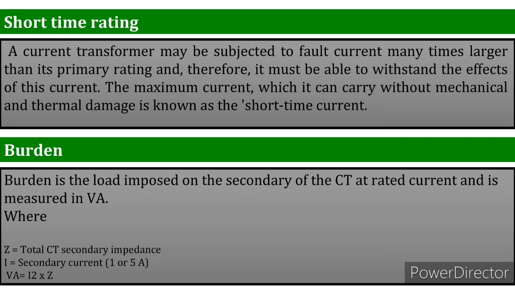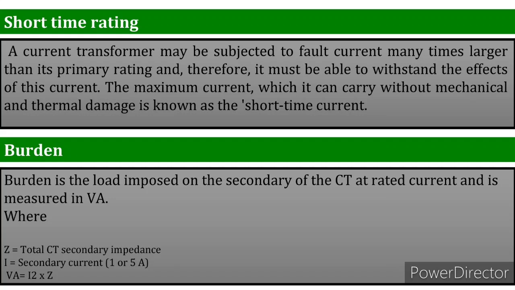Well, the second term is the burden, or in many other literatures, it is written as burden rating. The burden of a CT is the maximum load in VA that can be applied to the CT secondary side.